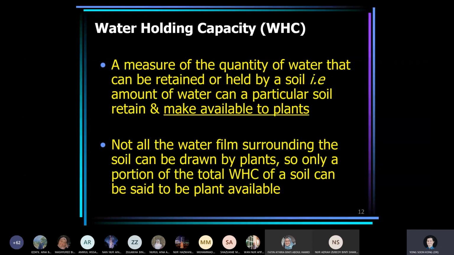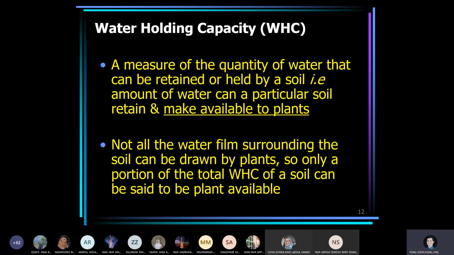So can we say this is retained by soil? Possibly not. So by saying water that is retained by soil, we're essentially talking about two types of water here: hygroscopic water and most likely cohesion water as well. So when we say it is retained, mostly it is due to capillary force and also surface interaction with water. So a lot of relation to what we have learned earlier.